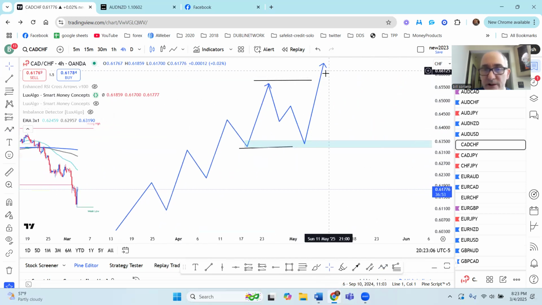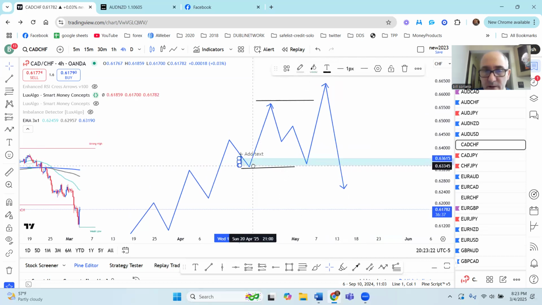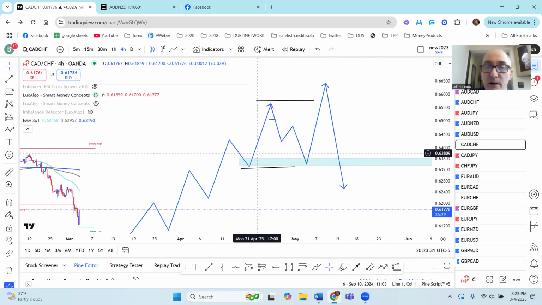Now we can also get what's called a change of character, where once price breaks that swing low, and again, we have a new swing low at this point. Once we went higher here, this became our swing low right here. Once that breaks, now we have a change of character, and that's our first sign that the market is changing from bullish to bearish, okay?